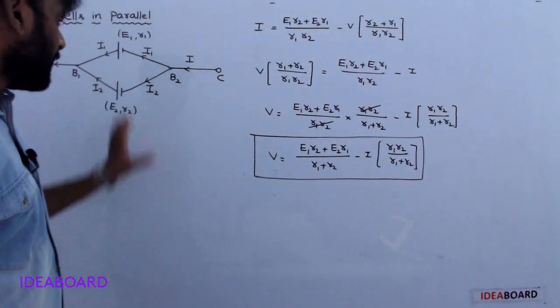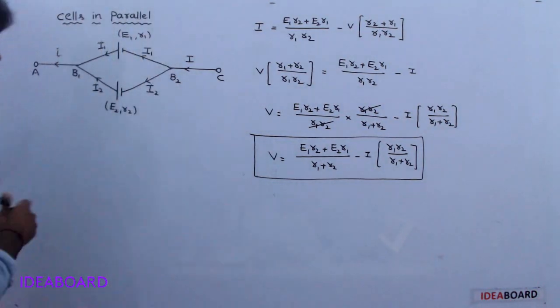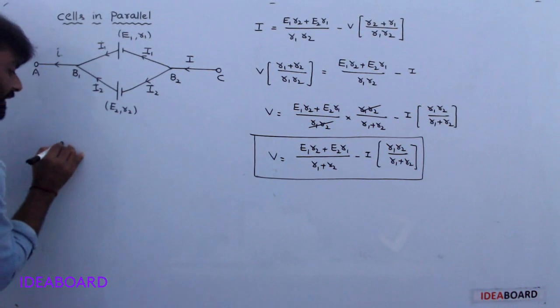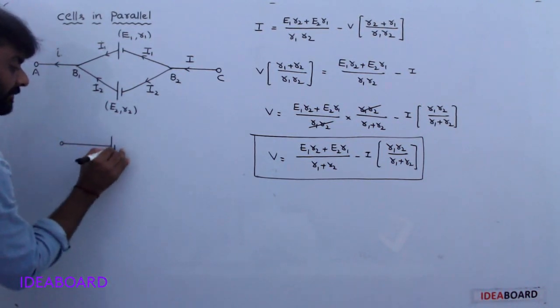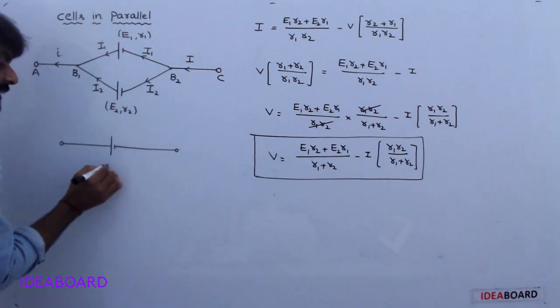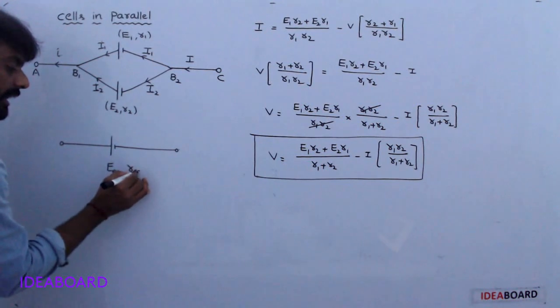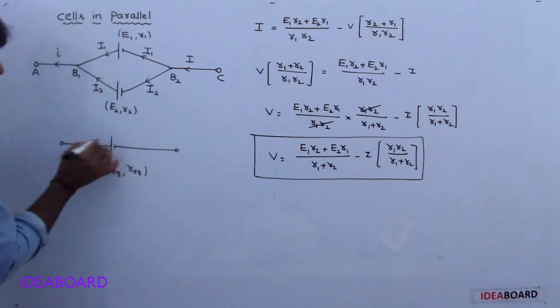Okay, common potential. Now here we consider one equivalent battery, E equivalent and also R equivalent.